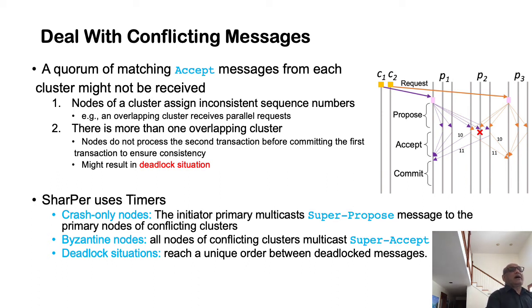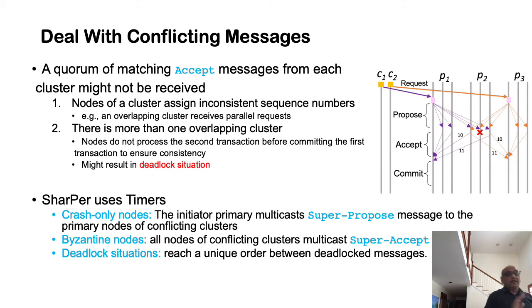The way it is handled is that whenever such a conflict occurs, it is handled at the leader of that particular shard. The leader associated with shard P2 will make a superproposed message, and it is going to resolve these types of conflicts.